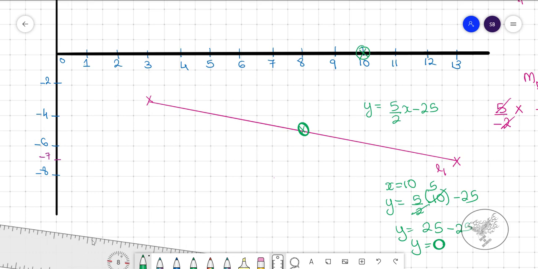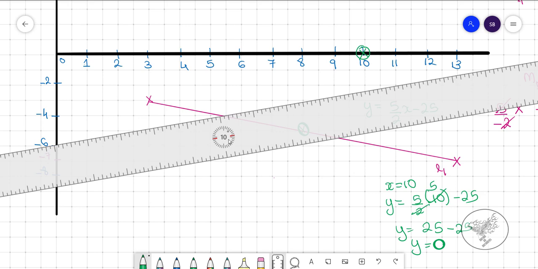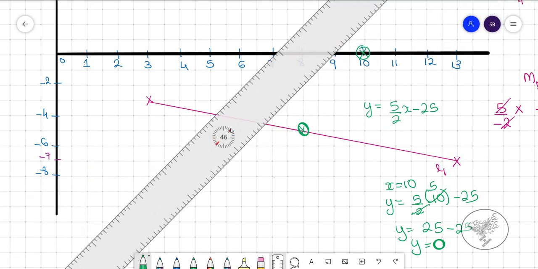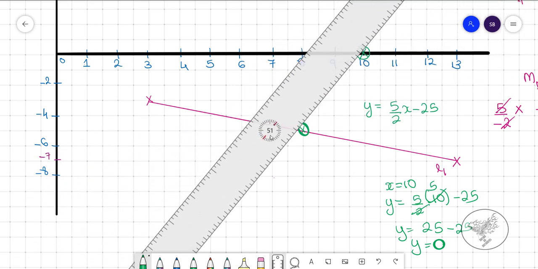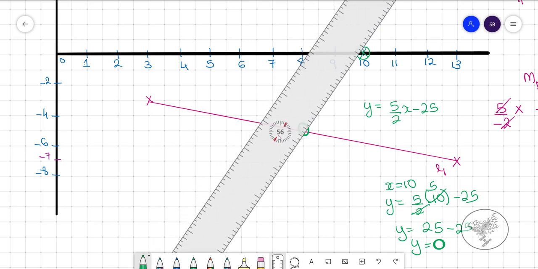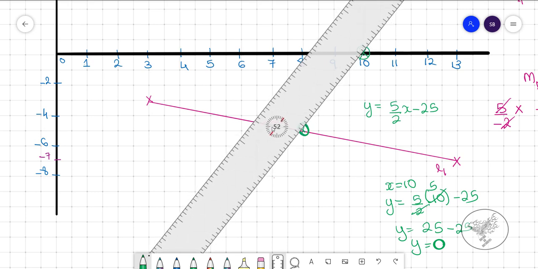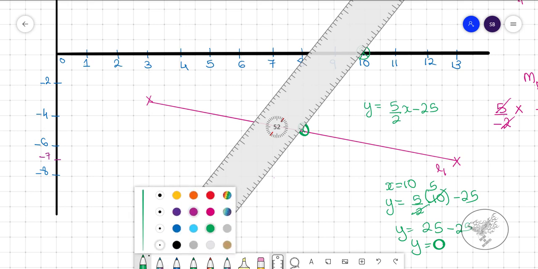Now I can draw a straight line connecting these two coordinates. So that would exactly be your straight line.